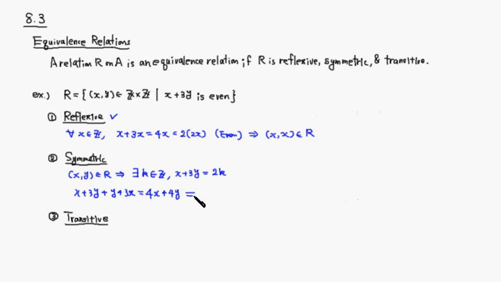But from here, we can get y plus 3x, which we want to show is even, is simply 4x plus 4y minus x plus 3y.